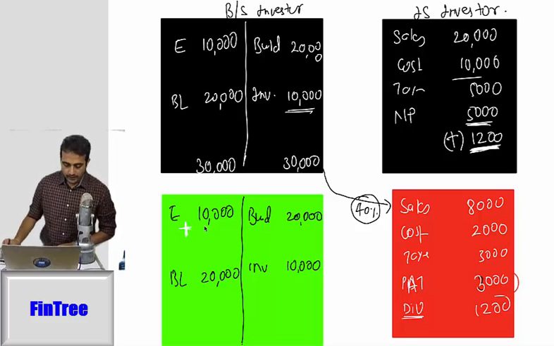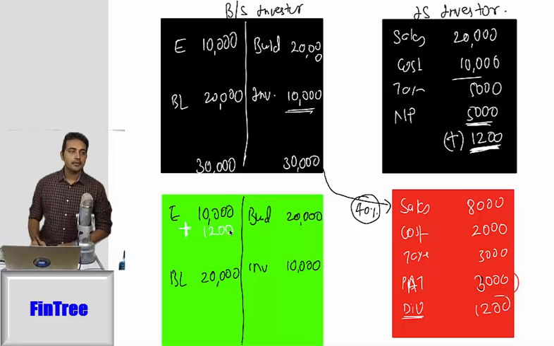So 1200 gets added into your equities through your profit and loss account, and 1200, the proportionate share, gets added to your investments. Is that fine? So that's the first impact. Proportionate share of profit we add to the investment, and we add to our profits.